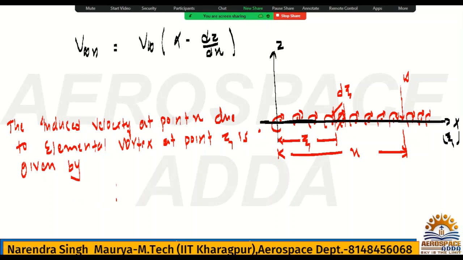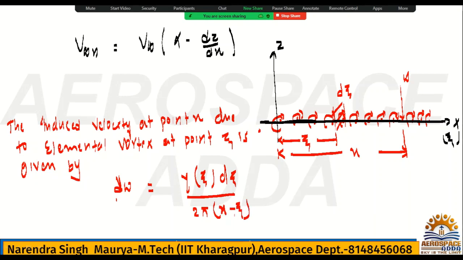so that induced velocity will be dw, which is nothing but gamma zeta into d zeta divided by 2 pi times x minus zeta. Okay, at trailing edge what will be zeta? 0.